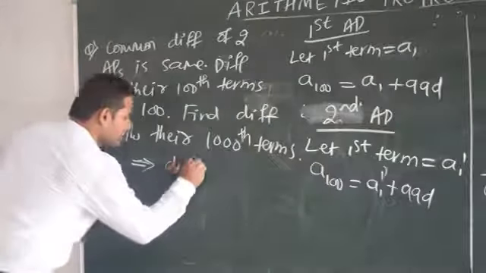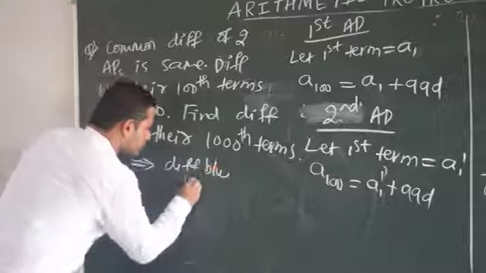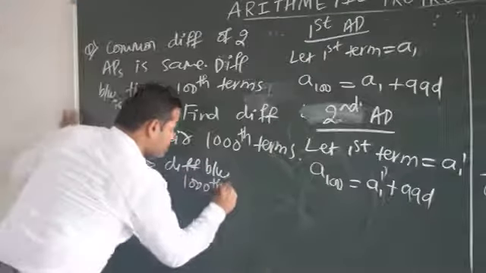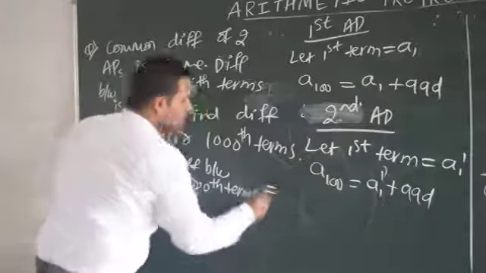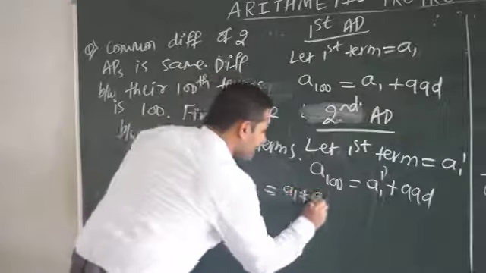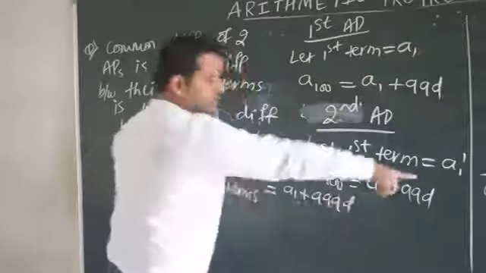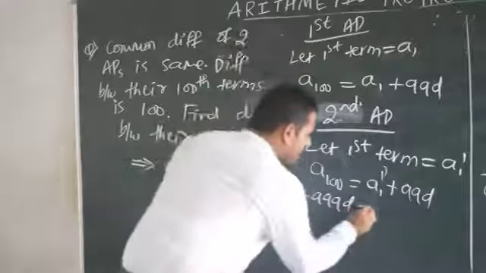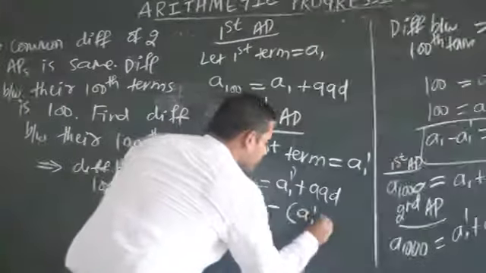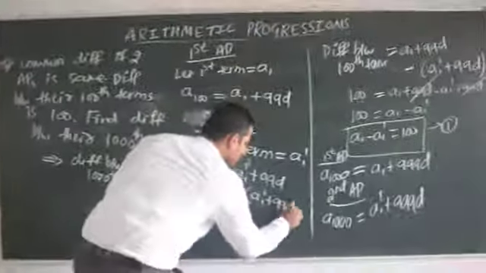Difference between the 1000th terms. What is the first 1000th term? a1 plus 999d. Then minus, I am going to write a1 dash plus 999d.